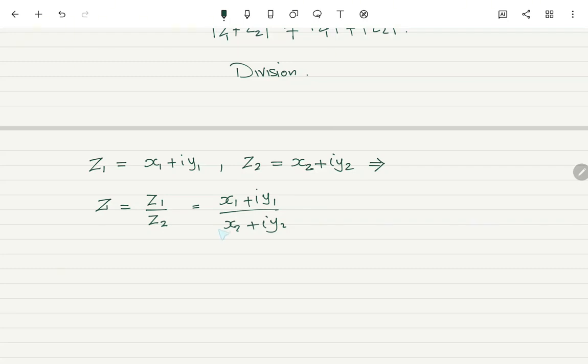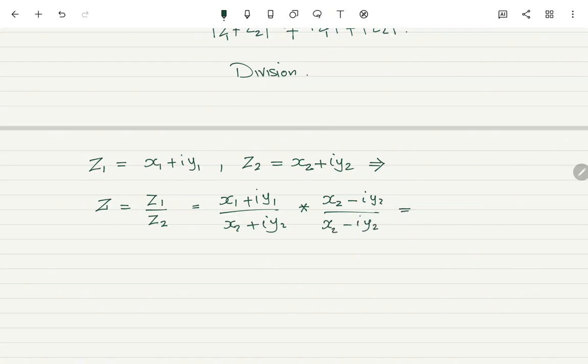To perform this division, we multiply the numerator and the denominator by the complex conjugate of the denominator. So it will be (x2 minus iy2) divided by (x2 minus iy2).